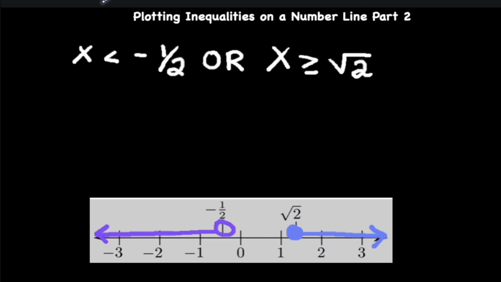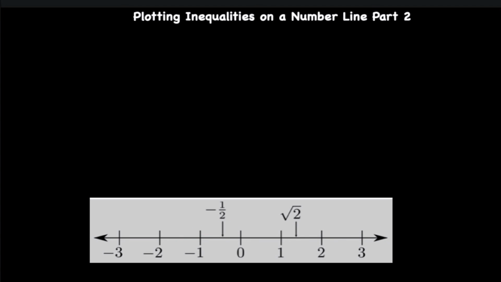Let's go ahead and work with one more example. Let's say you're given -2 is less than x, and x is less than 2. Okay, so that means we already know that our two graphs are going to combine, correct? So x is greater than -2.